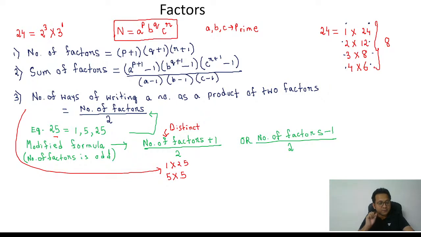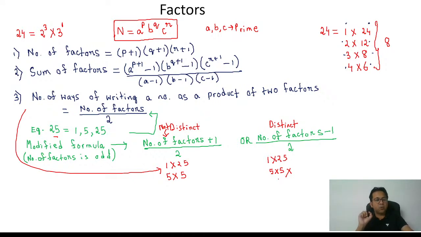If the question asks in how many ways you can express 25 as a product of distinct factors, distinct means you count 1 into 25, but you do not count 5 into 5, because 5 into 5 is not distinct.